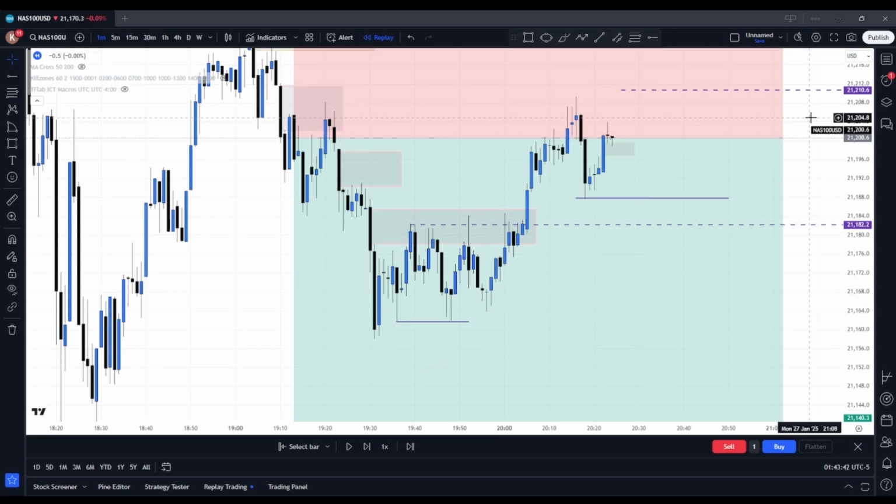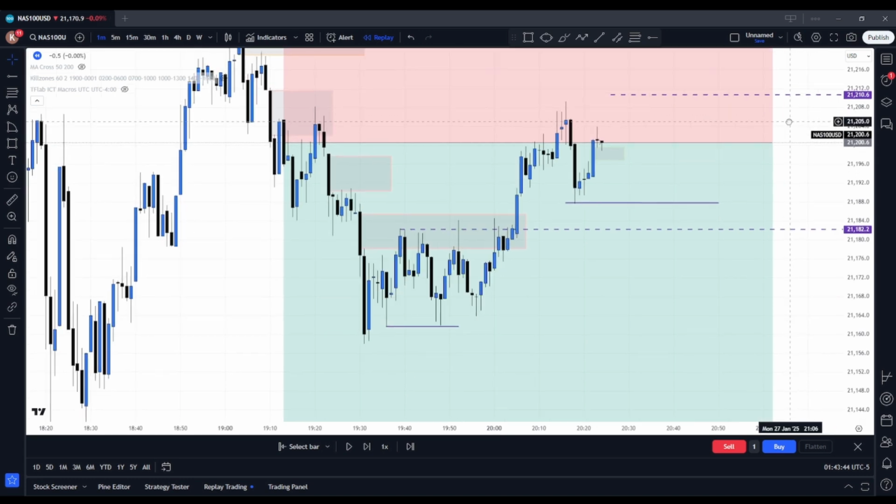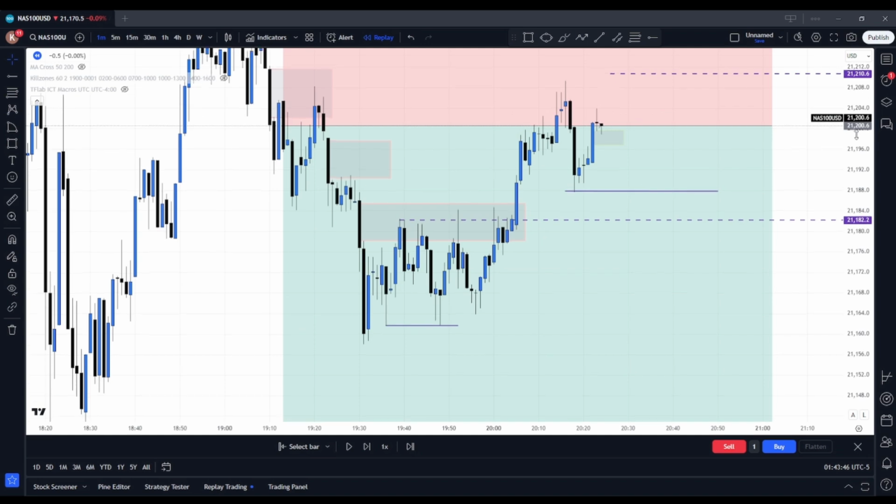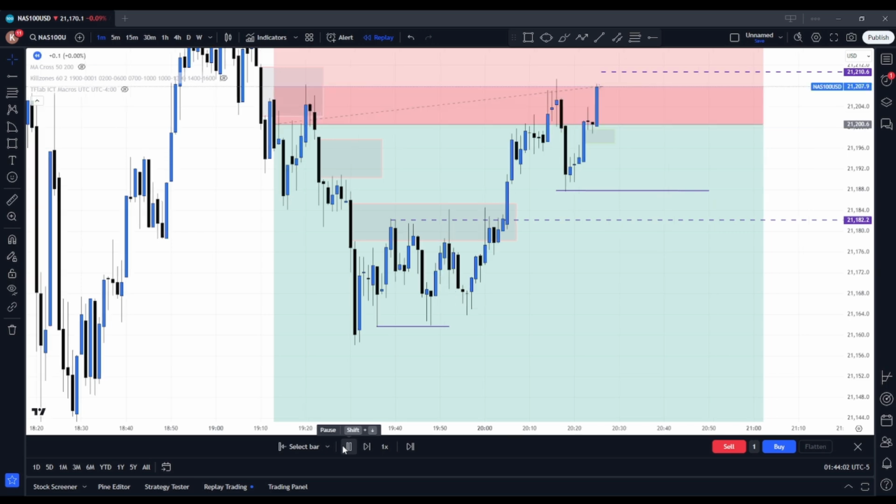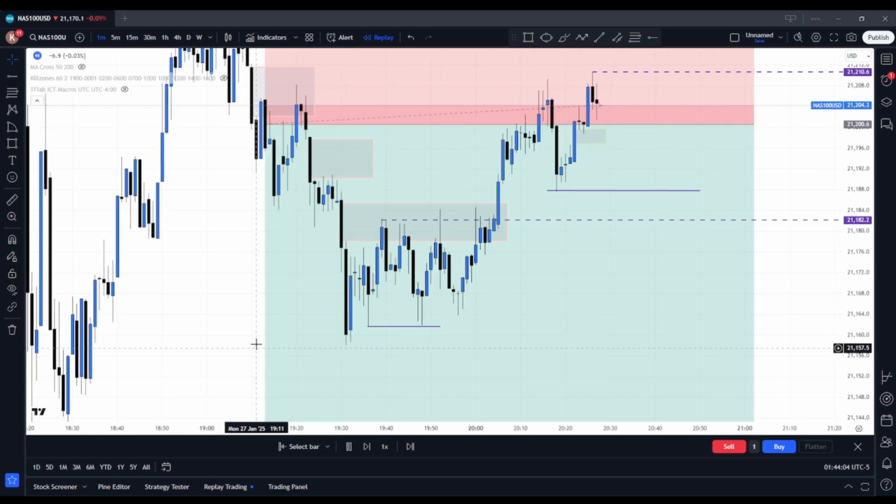It's really debatable, to be honest, whether or not you want to take partials or not. But yeah, at this point, the trade is cut in half. I'm still in the trade. At this point, I'm just letting it run. So yeah, we come up.